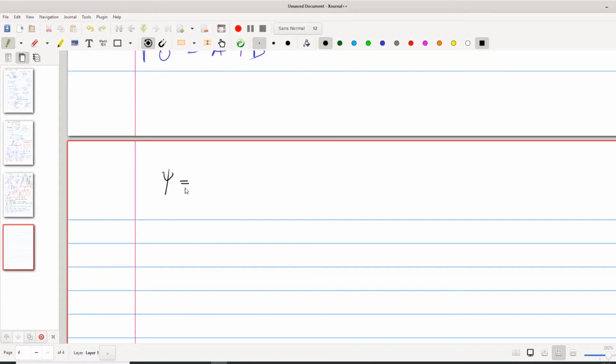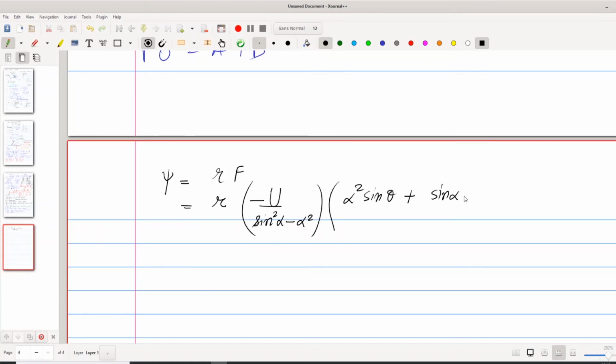So the eventual psi will be R multiplied by F, and it comes out to be R multiplied by minus capital U by (sin squared alpha minus alpha squared) times [sin alpha squared sin theta plus (sin alpha cos alpha minus alpha) theta sin theta minus sin squared alpha theta cos theta].